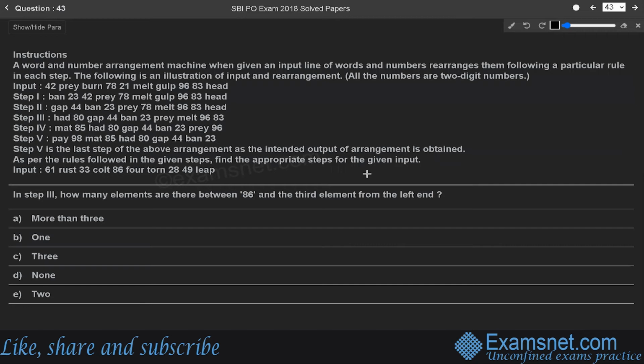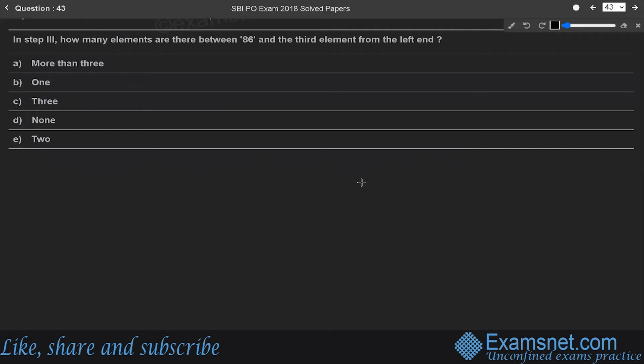Moving on to next question. In step 3, how many elements are there between 86 and the third element from the left end? So again, writing step 3, which is lap, 51, far, 35, cat, 30, 61, rust, 86 and torn.